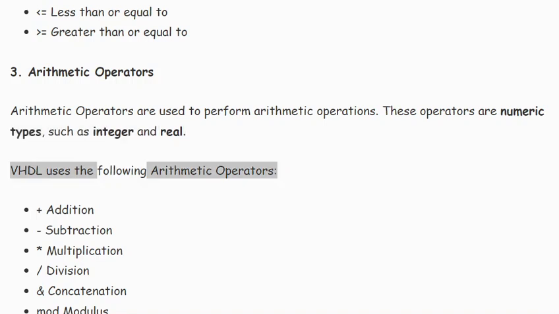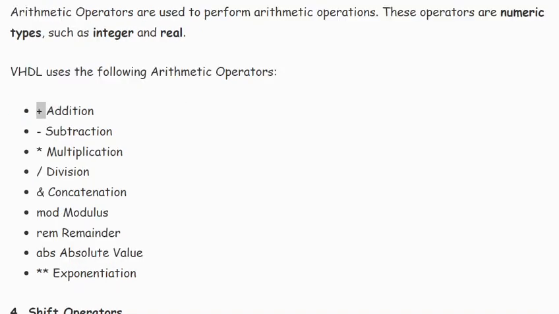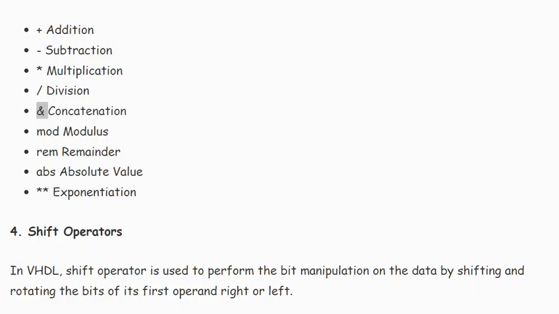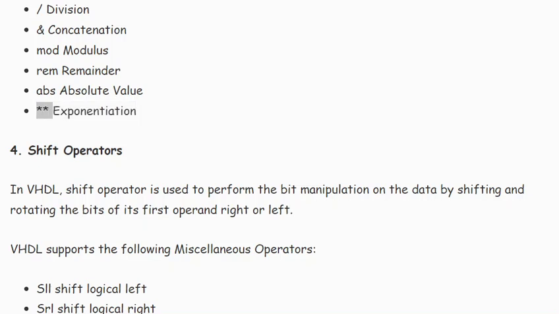VHDL uses the following arithmetic operators: + addition, - subtraction, * multiplication, / division, & concatenation, mod modulus, rem remainder, abs absolute value, ** exponentiation.